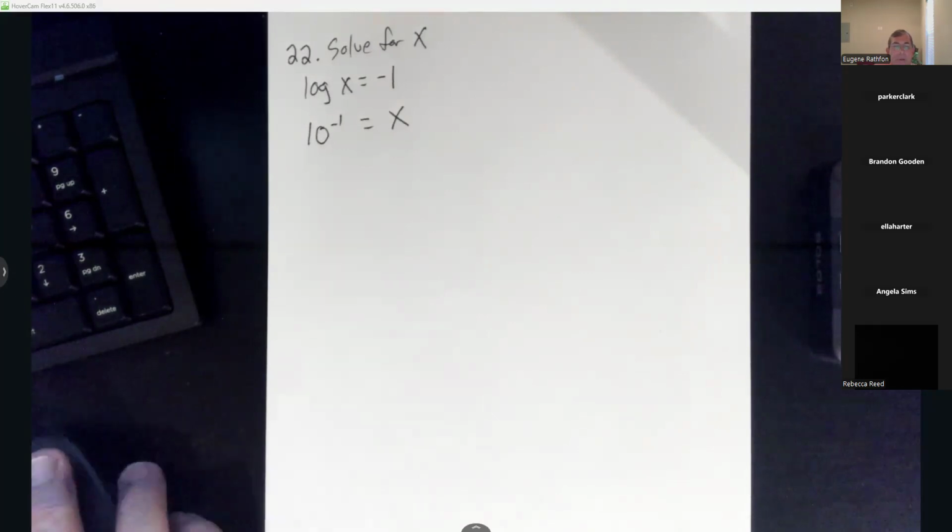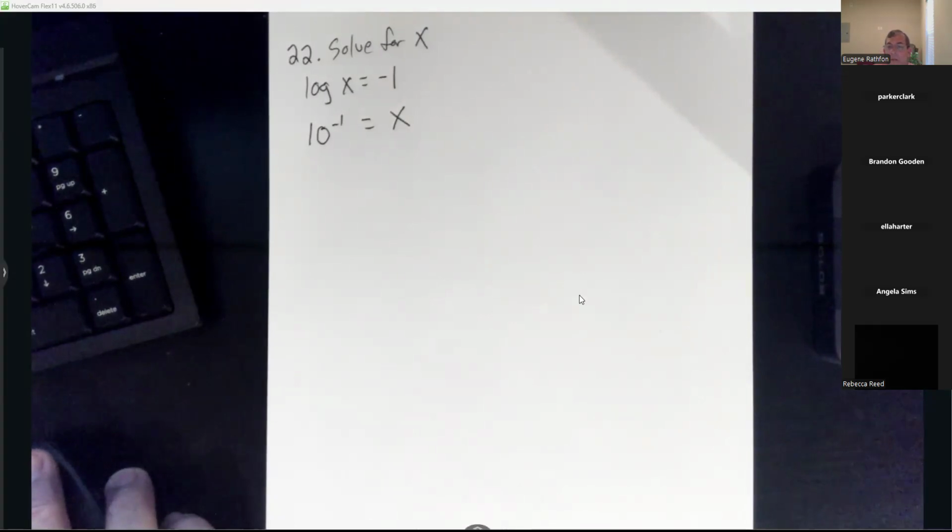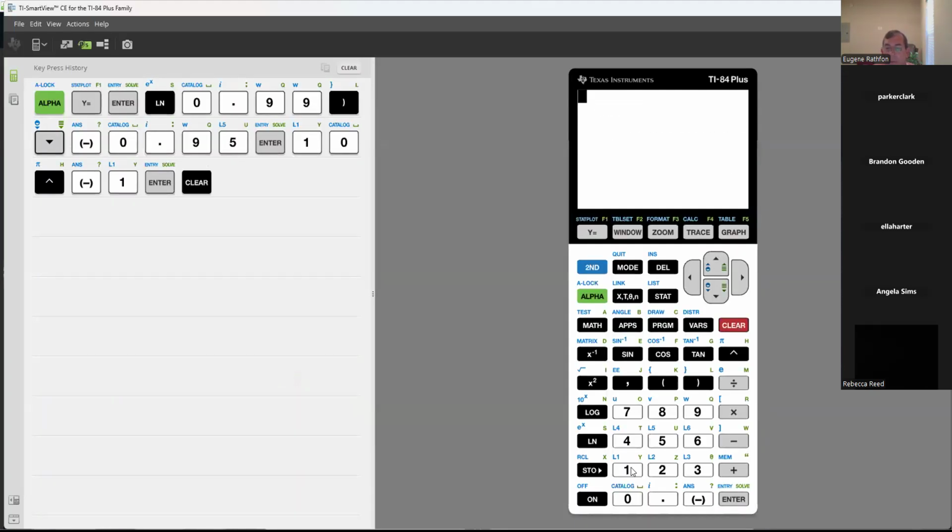Also, that one you can do on your calculator. So I had 10 to the -1. Let me clear this out. Here we go. 10 exponent -1. When I hit enter, it's going to give me 0.1. So if you had 10 to the -2, you'd get 0.01. 10 to the -3, 0.001, and so forth, okay?